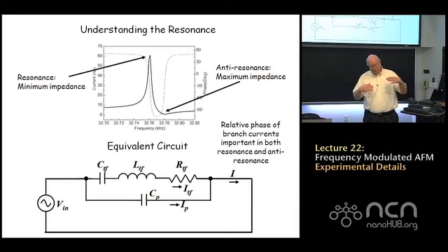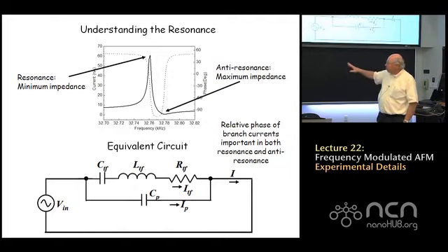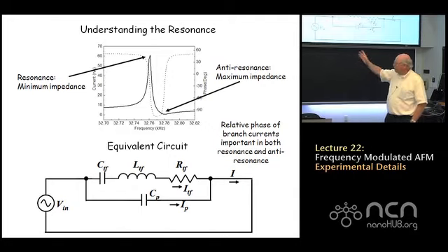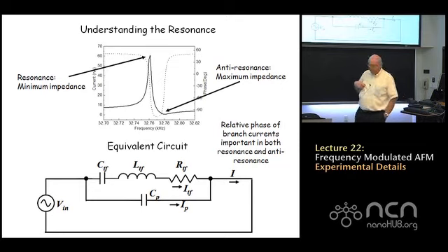When the current is flowing through those two parallel paths, and of course the phase of the current with respect to the applied voltage shifts in interesting ways, that has to be worked out in detail by solving for the impedance of this equivalent circuit as a function of frequency. So our electrical engineers in the audience, they know how to do that very well, and when they do it, you can reproduce the shape of that resonance curve very nicely, right?